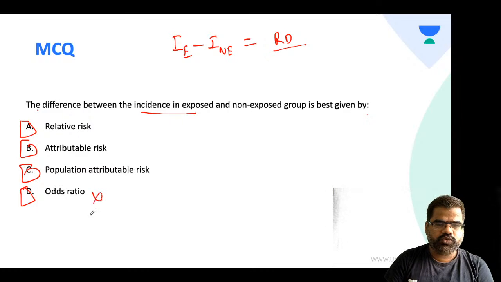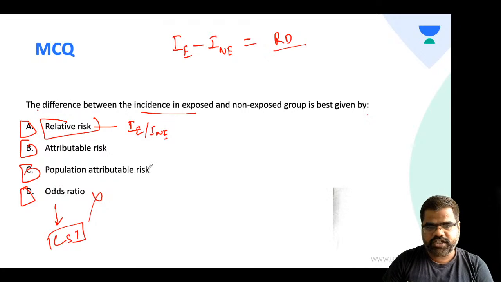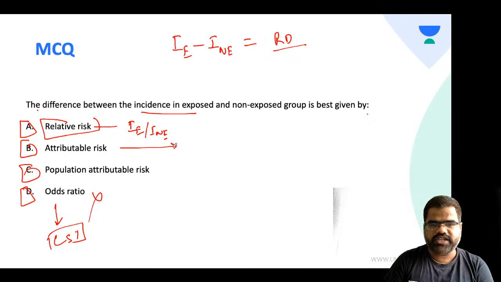Now odds ratio will not be the answer because it is in case control study. So let's remove this first. So we are left with relative, attributable, population. You know what is relative risk? Incidence of exposed divided by incidence of non-exposed. So this will also not be the answer. Now we are left with attributable risk and population attributable risk. Just now we have studied this.